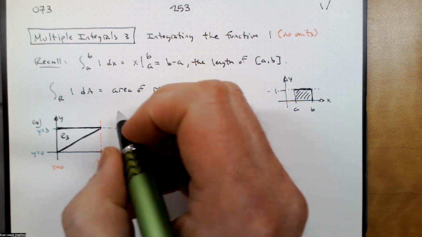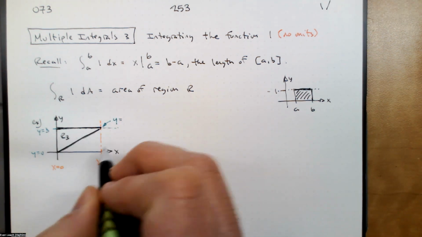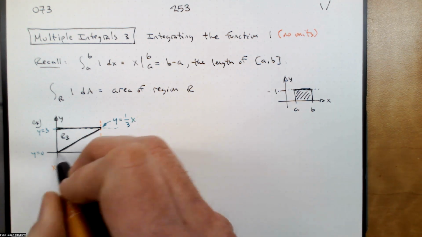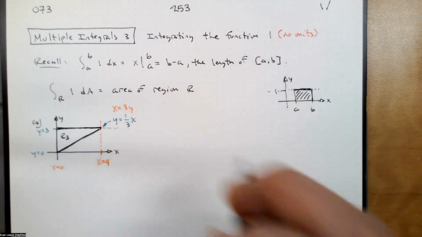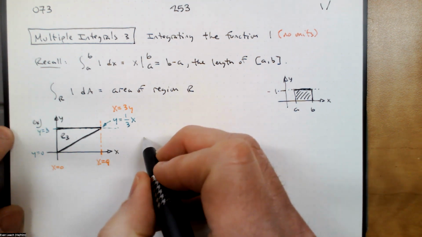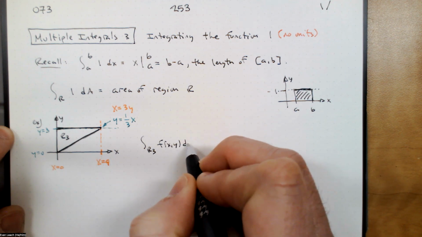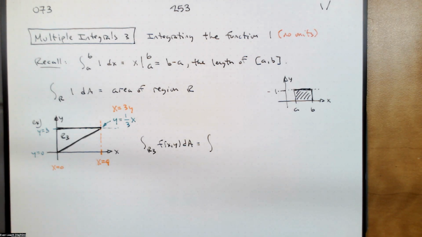The y equals version of this line is y equals 3/9 x. The x version of that line is x equals 3y. And so the integral over R3 of f of x, y dA can be written as a double integral.